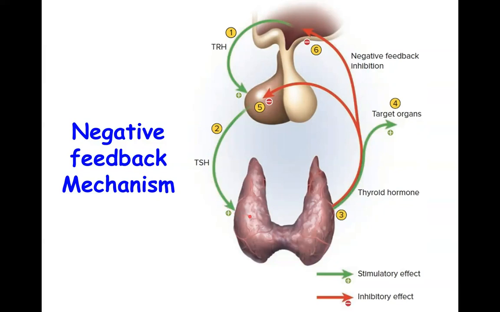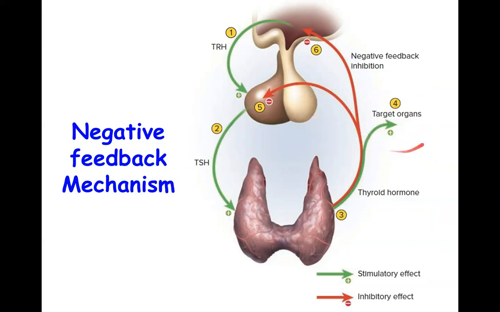thyroxine. Now, once thyroxine has achieved its effect, the thyroxine will no longer be required. So it will have an inhibitory effect. The thyroxine secretion is already there, so reduce the production of TSH, reduce the production of TRH. So thyroxine secretion will tell these two to reduce their own secretion.